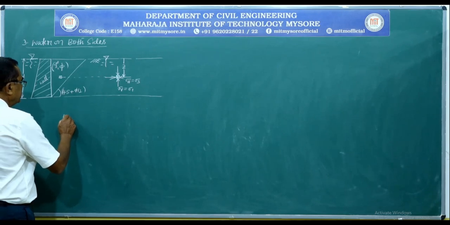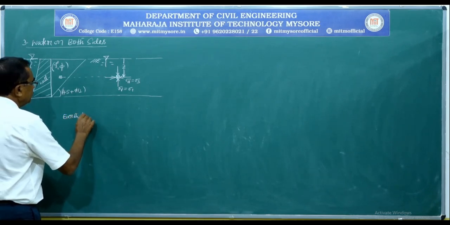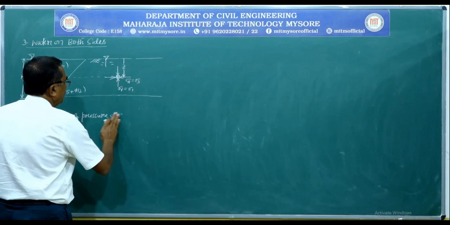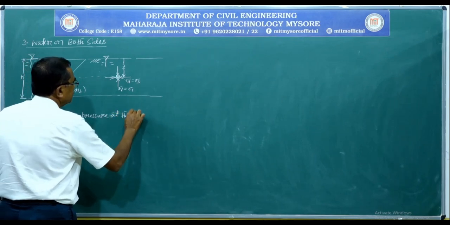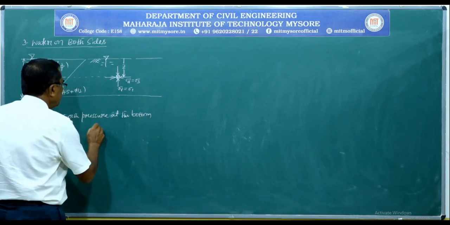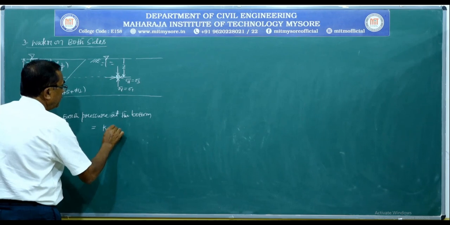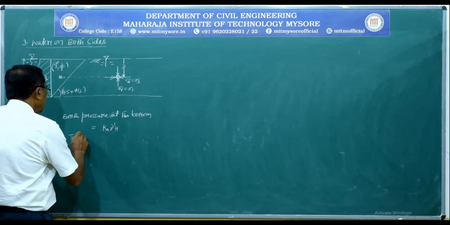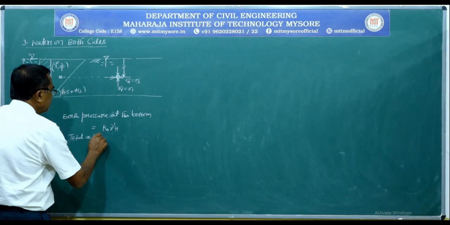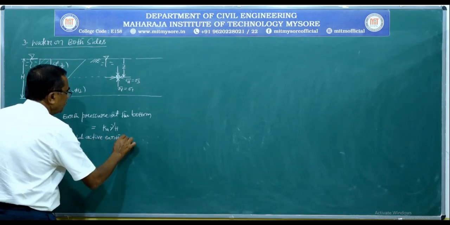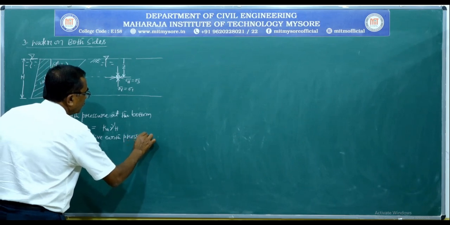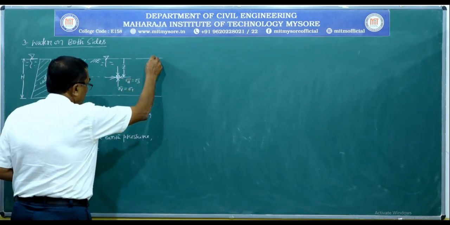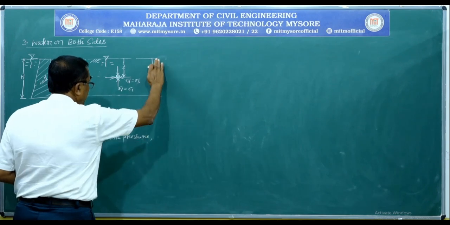So, earth pressure at the bottom is equal to Ka into gamma dash into H, and the total active earth pressure PA is equal to... Of course, you can draw the pressure distribution diagram, knowing the pressure values.